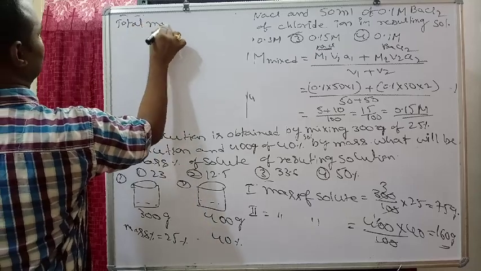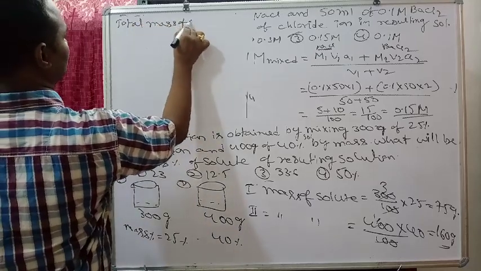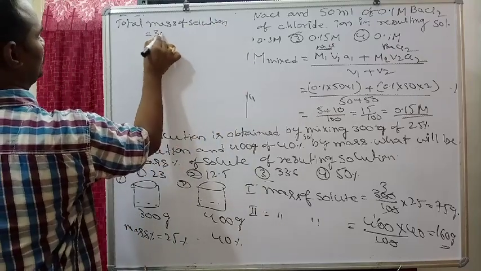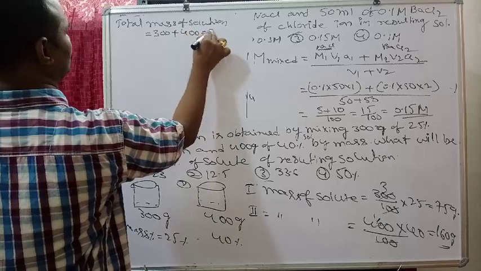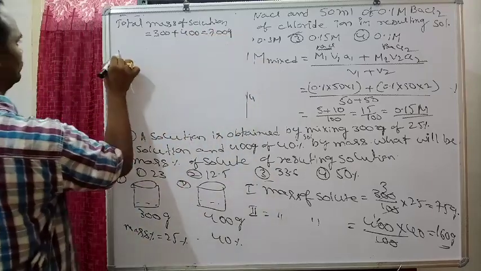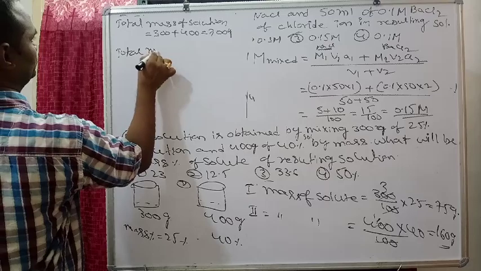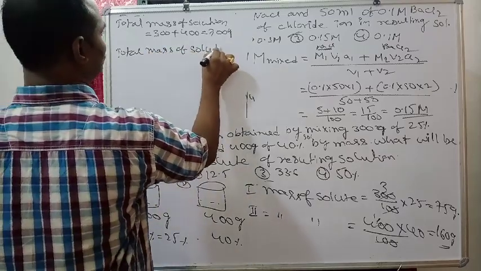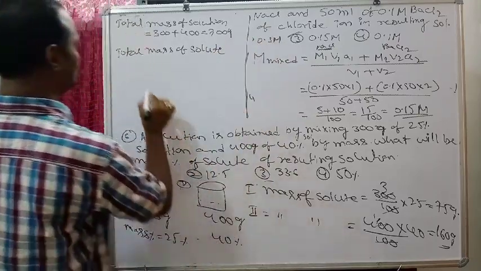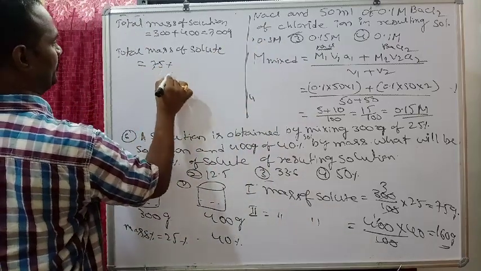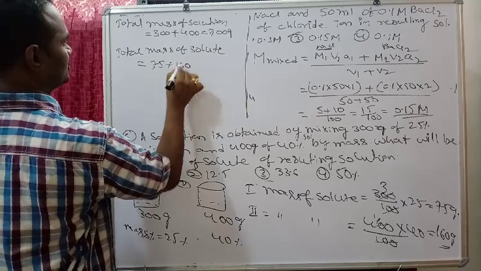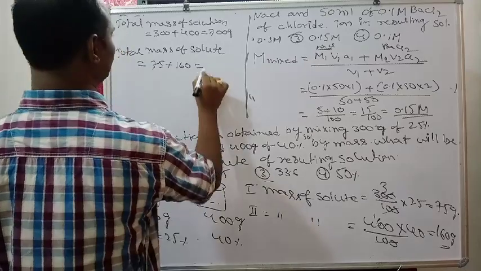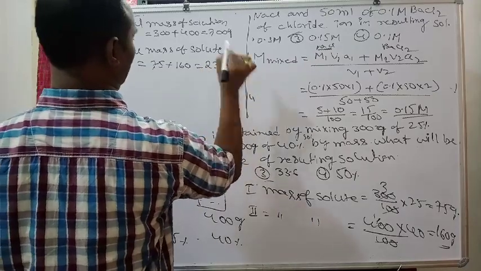Total mass of solution: 300 plus 400, 700 grams. Total mass of solute: 75 plus 160, nothing but 235 grams.